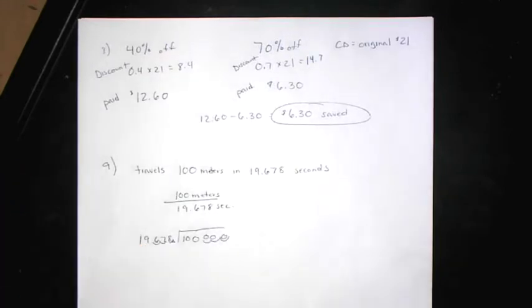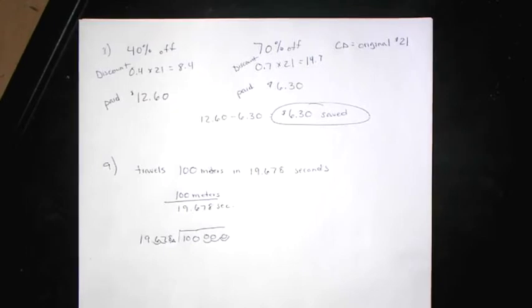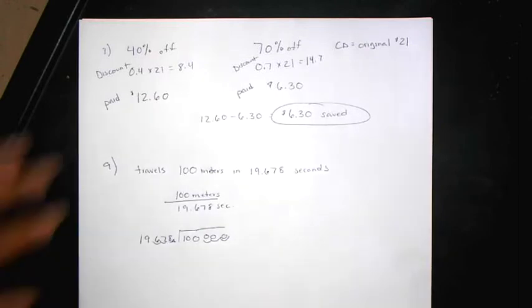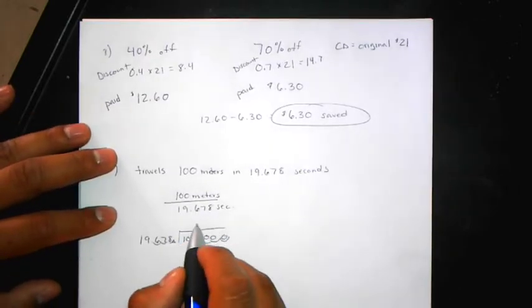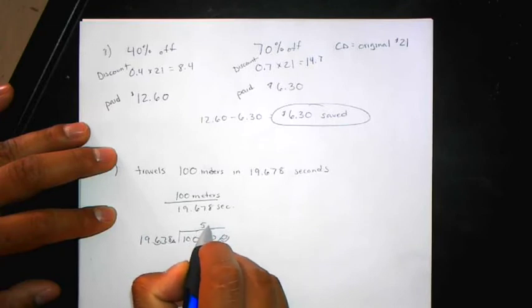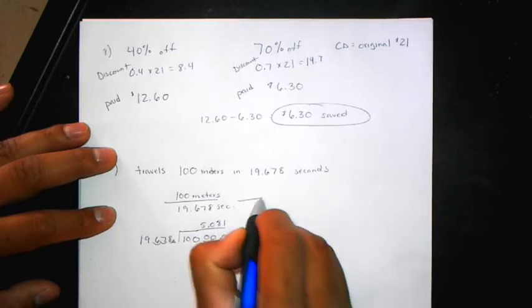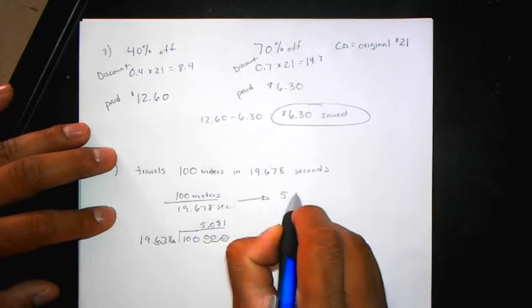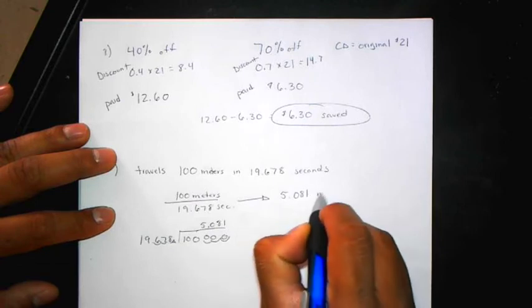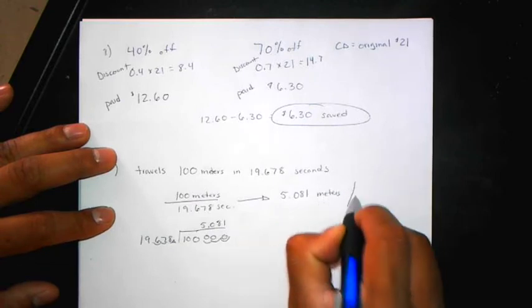So I'm just going to do it on a calculator real quick, so you get the gist of the problem. If you don't know how to divide by now, we're in big trouble. The answer was 5.081, something like that. So the answer is 5.081 meters per second.